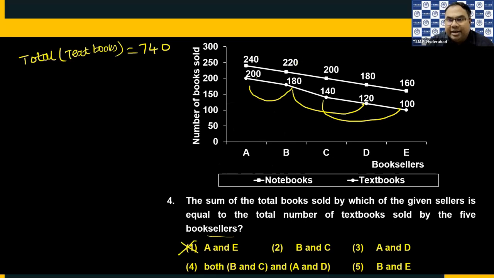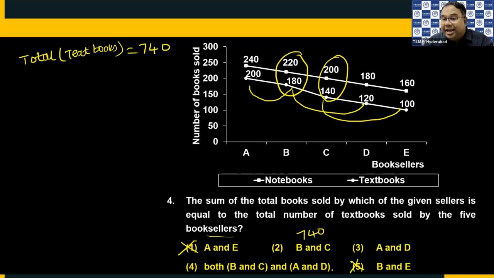B and C, let me check. 220, 180, 400, and C, 340. So 740. Yes, B and C works. Now there is another option, B and E, but only one will be correct. So B and C, we are getting 740, so definitely B and C is my answer. B and D cannot be my answer.